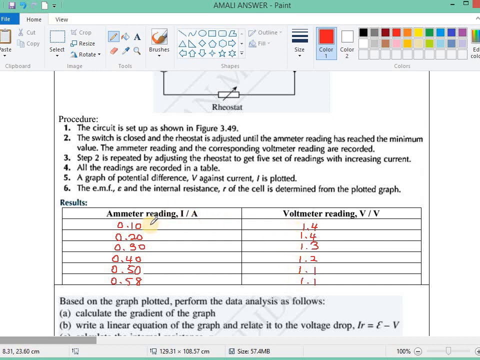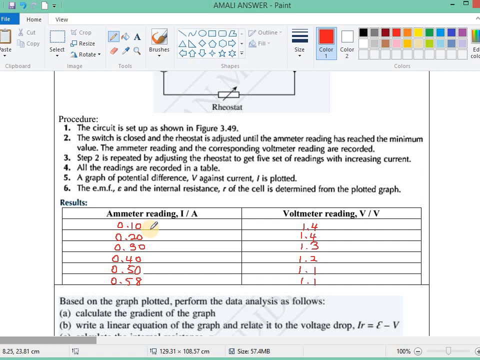So make sure that when you tabulate your data, all the decimal places are the same. The decimal place must follow the decimal place of the scale in the measuring instrument.